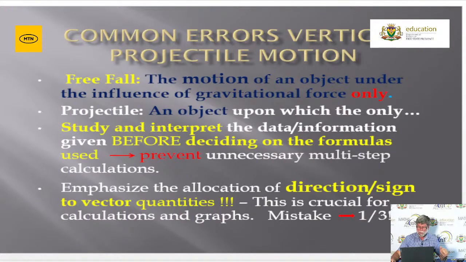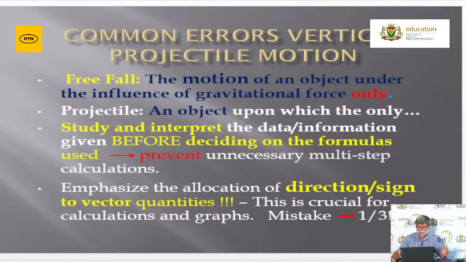You can have the correct formula, you can substitute the correct values, but at the end, if your sign allocation is wrong, then you will end up with 1 out of 4 or 1 out of 3, just a mark for your equation, and you lose your substitution mark because of a wrong sign, a positive sign where it's supposed to be a negative sign, etc. So make sure that you award signs, say upwards positive and all vectors downwards negative.